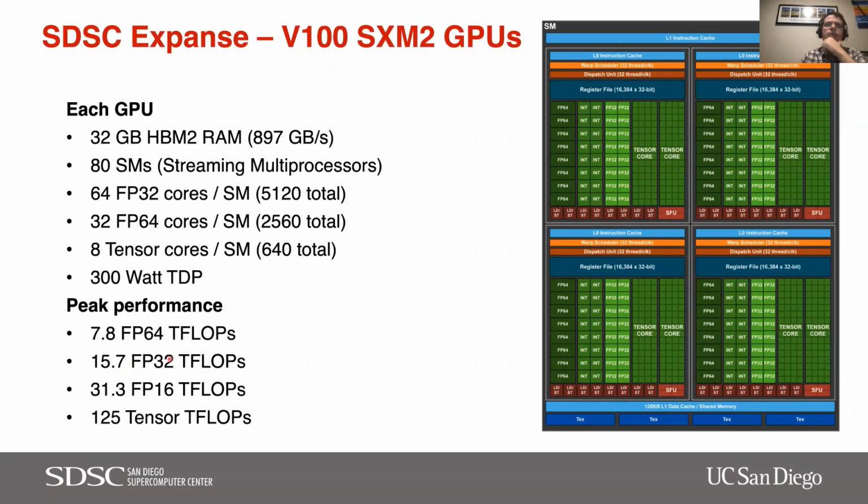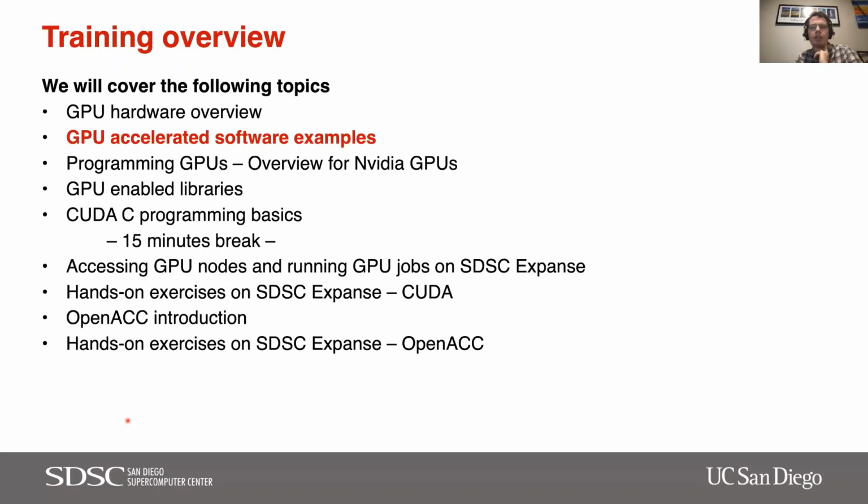Twice that for FP32. Approximately 4 times that for FP16, if you can do away with that. Usually for numerical applications FP16 is not very helpful, but it can be. And then there are these tensor cores that give you an insanely high performance. If you do machine learning, that will work very well on those. Deep learning will work very well on those GPUs as well. Any questions so far?